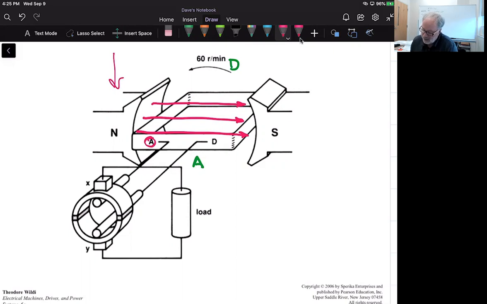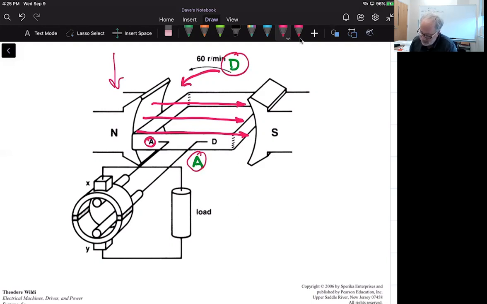Okay, now this thing rotated through 90 degrees, and so side D is here now and side A is here. And as it starts to rotate down through the magnetic field, again, side D now is going down through a magnetic field that's oriented this way.